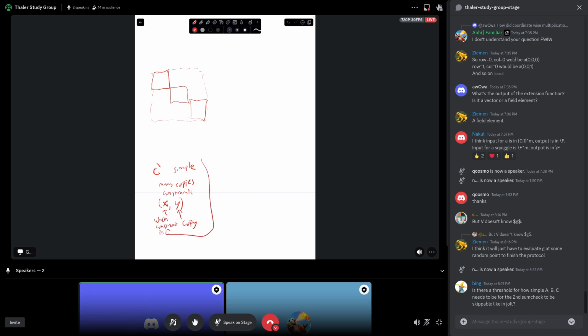And then similarly, witness variables will be indexed in a similar way by which copy you are in. Let me call it W comma Z. Again, Z is which copy you are in, and W is which variable within the copy.